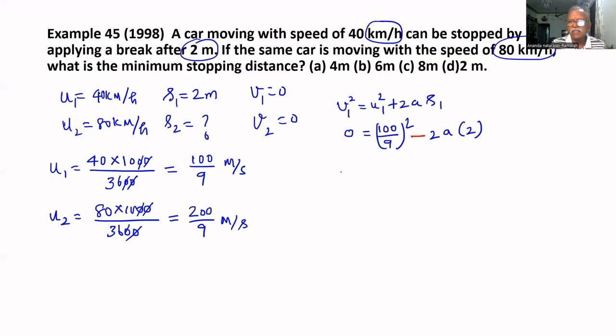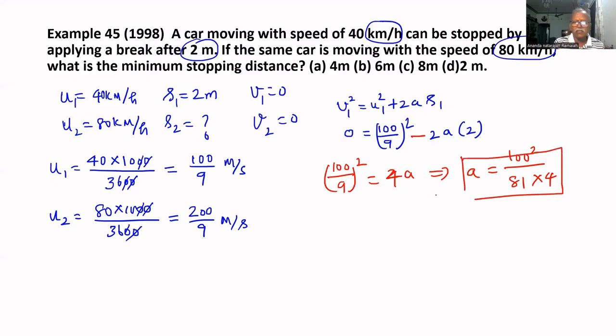Therefore, what you will get: 100 divided by 9 whole square equal to 4A, or this implies A equal to 100 square divided by 81 multiplied by 4. This is A. This we have to use in the second equation.